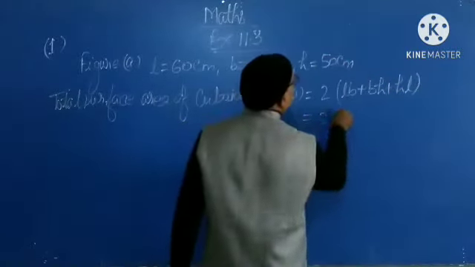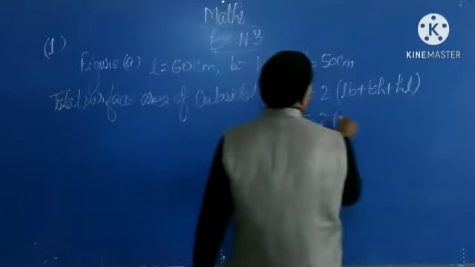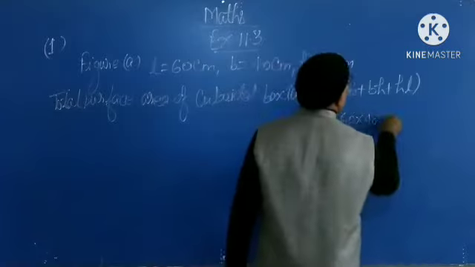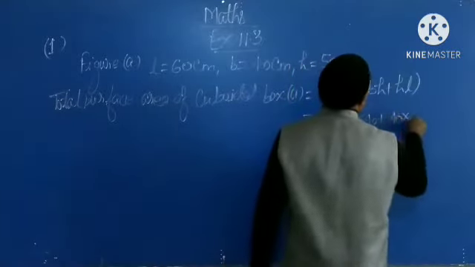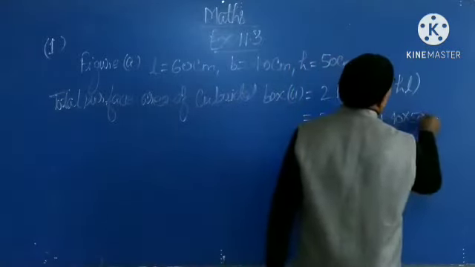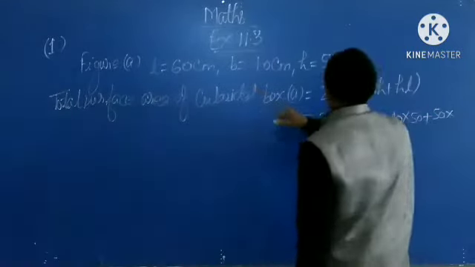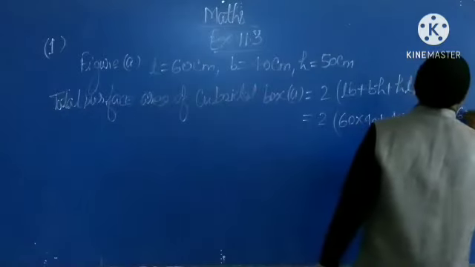L is 60 into B 40 plus 40 into 50 plus 50 into 60.